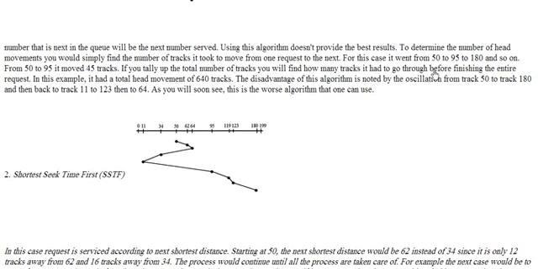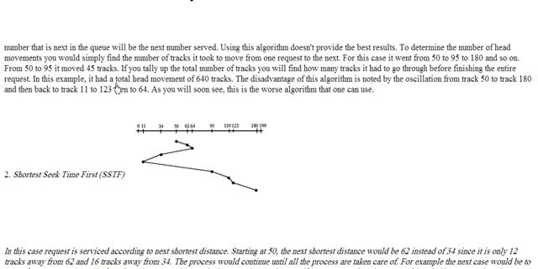For this case, we move from 50 to 95 and so on. So from 50 to 95, we have 45 tracks. If you tally up the total number of tracks, you will find how many tracks it had to go through before finishing the entire request.